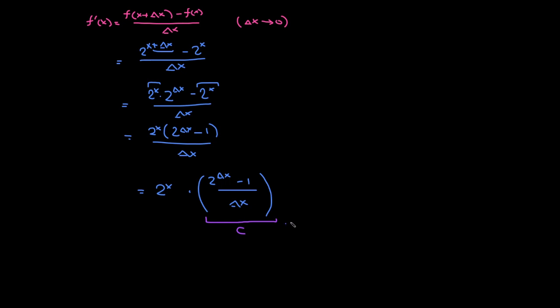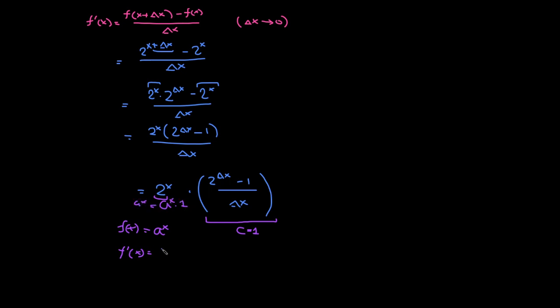Because what we can try to do is find a base, right? A number in the base of our function. Let's say f of x equals a to the x, where this constant is equal to 1, which would mean that the derivative of that function is just a to the x times 1, which is just a to the x.